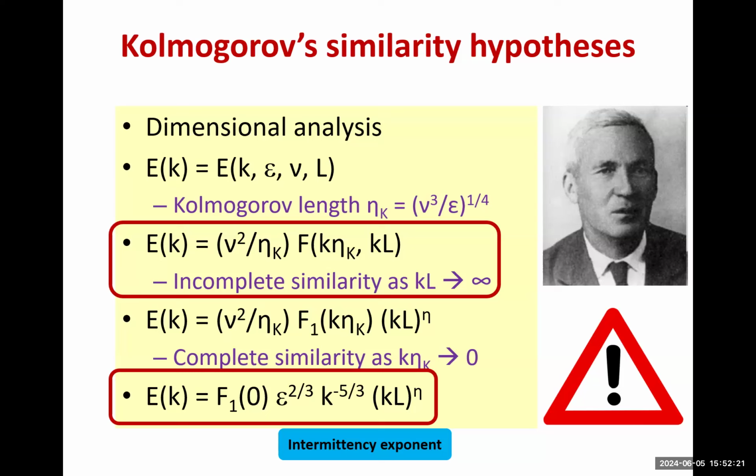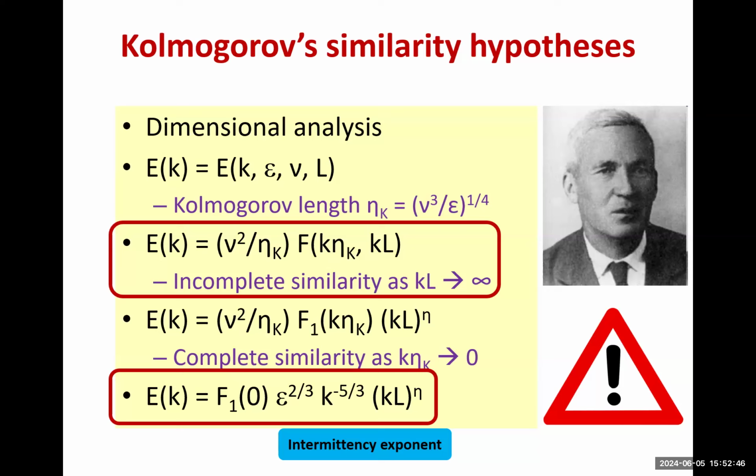What can happen is that this function f of k, e to k, kl, actually looks like this: the limit is multiplied by kl to some power, and then a function that just depends on this first argument. So if that happens, then taking this limit will cause e to go to infinity or to zero. So this limit doesn't exist, so you have to just not take that limit and just look at the asymptotics of this.